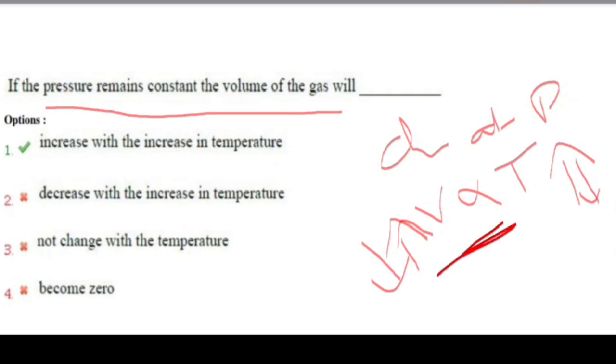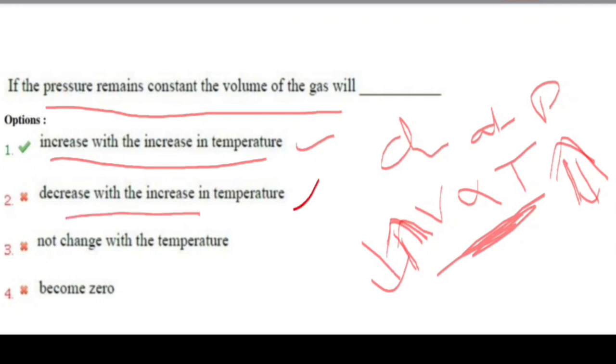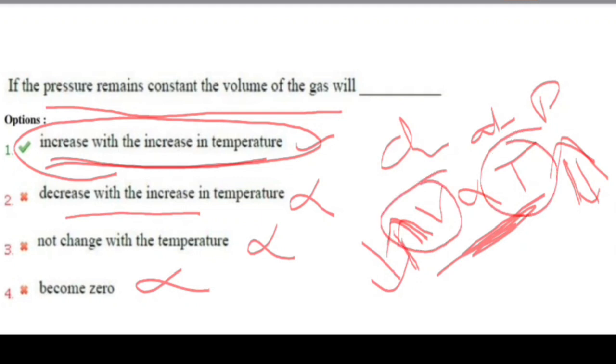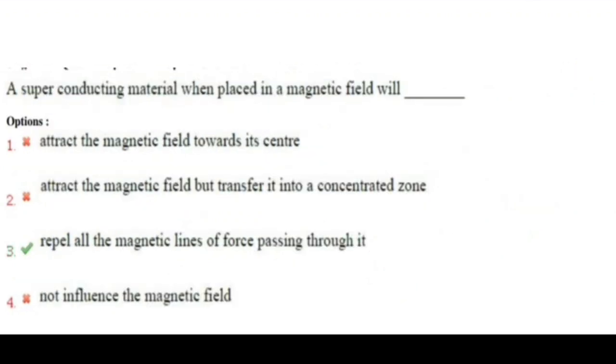Options: increase with increase in temperature, this is correct. Decrease with increase in temperature, wrong. Not change with temperature, wrong. Become zero, wrong. So the first option is correct, according to Charles law.